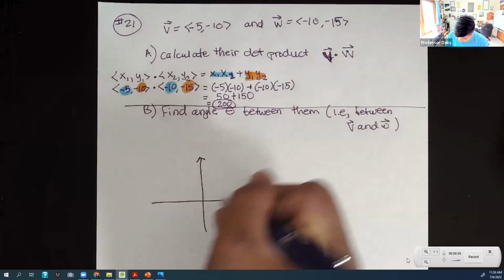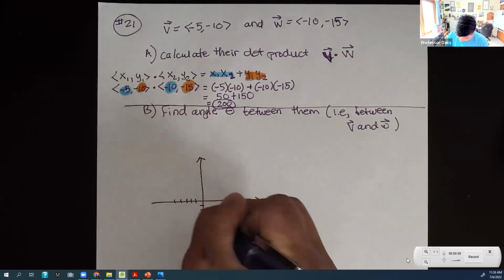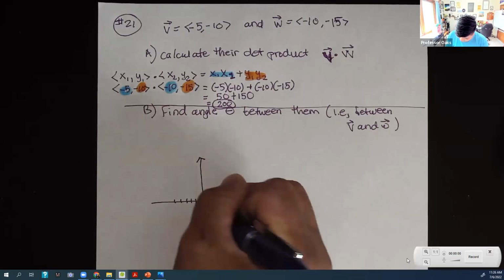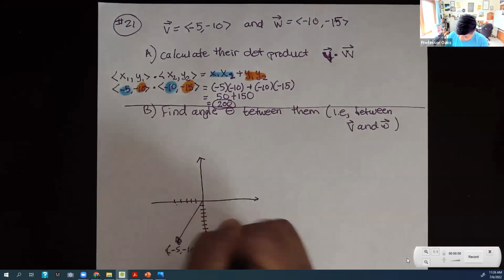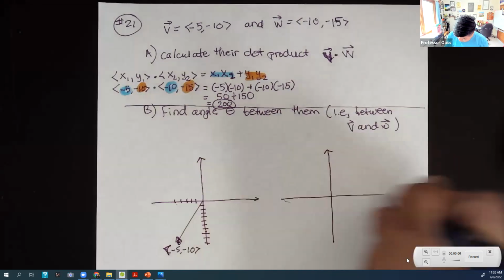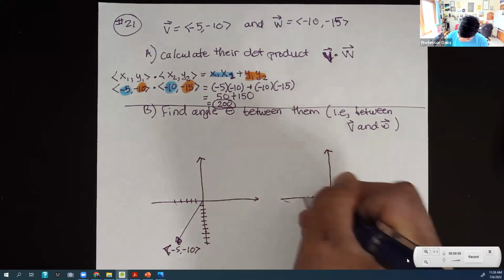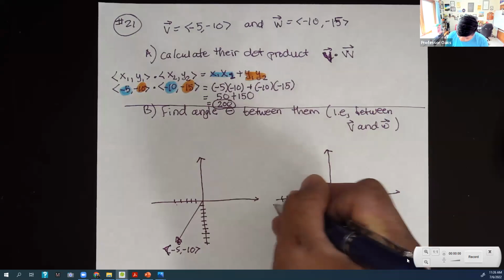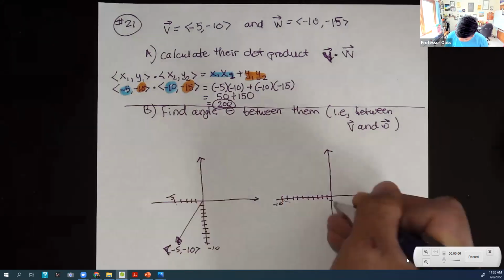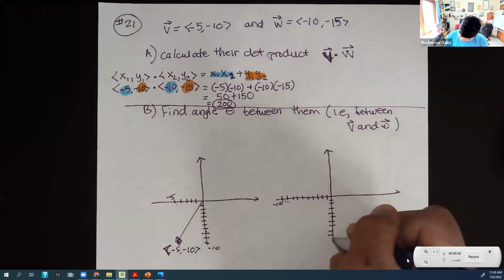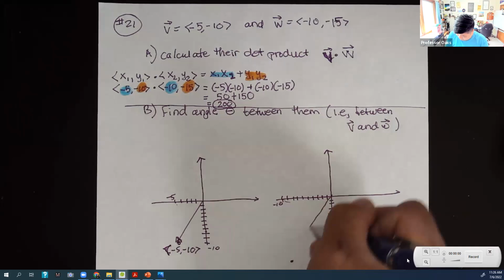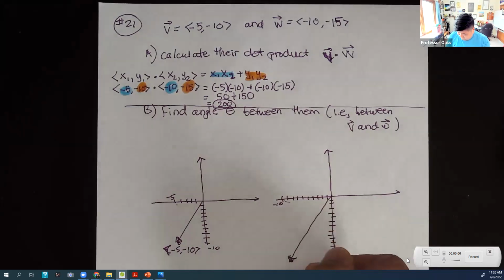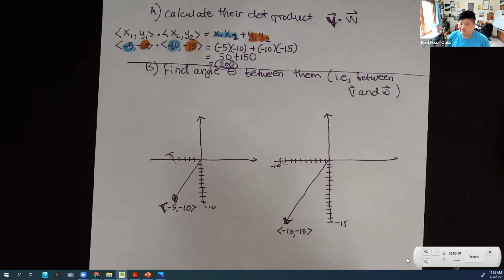If V is -5, -10, counting 1, 2, 3, 4, 5 and 1 through 10, and then on the right, W is -10 and -15, counting 1 through 10 and 1 through 5. Then this one actually looks like this.